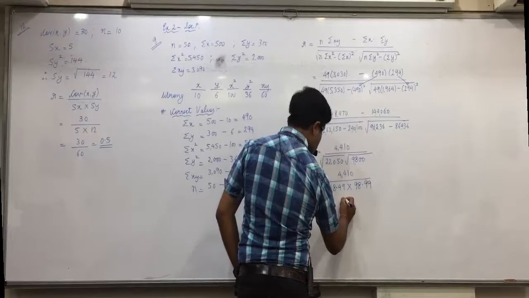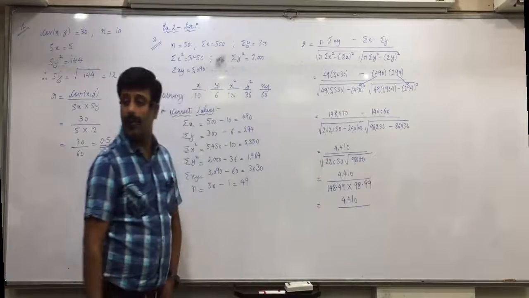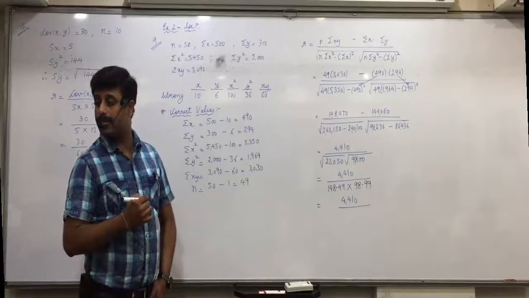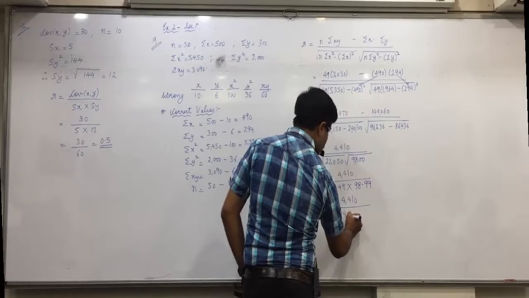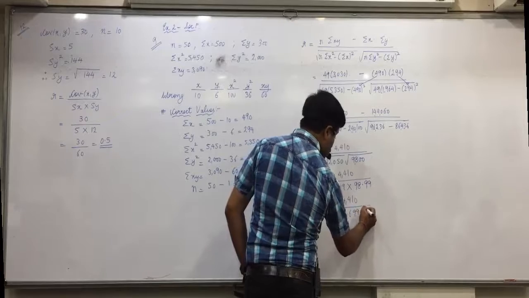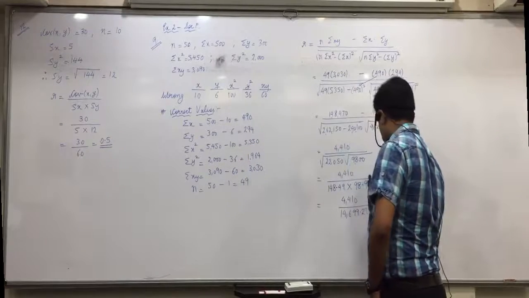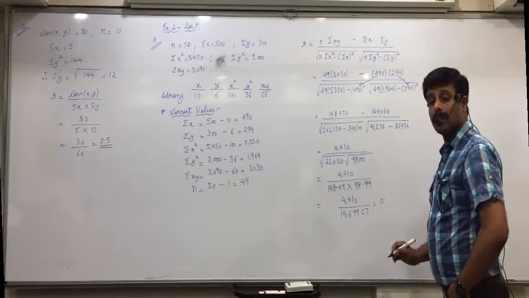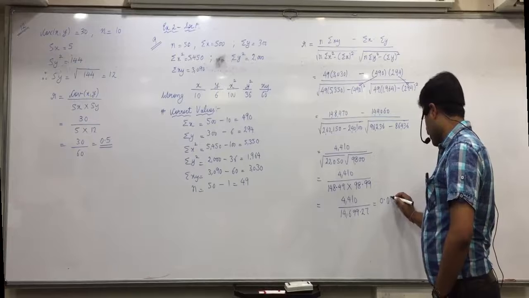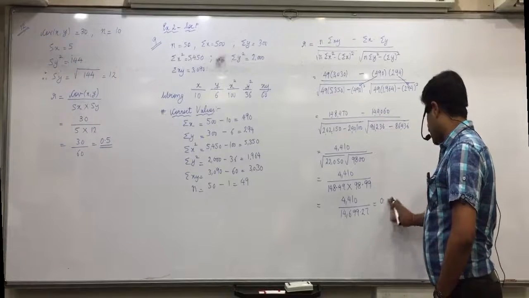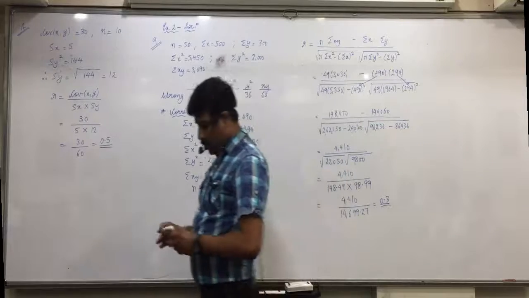So 4410 upon Palak. 14699.27. 0 point 03. No, just 3. 0 point 3. Okay. So what will you say?